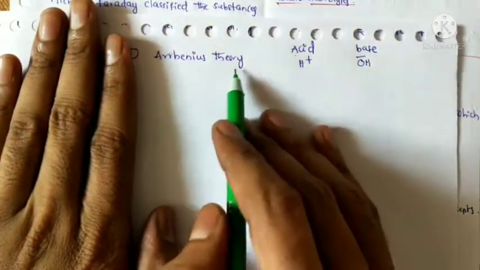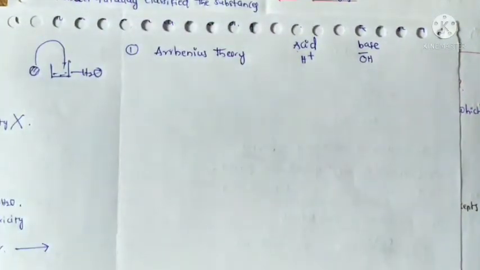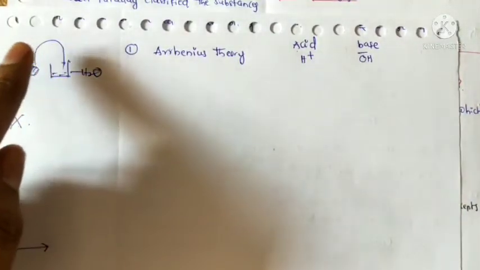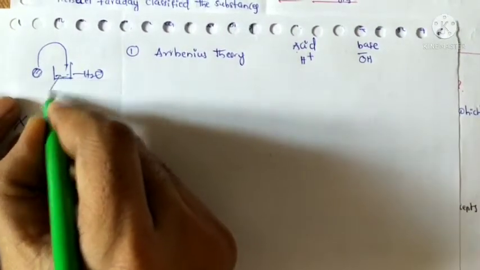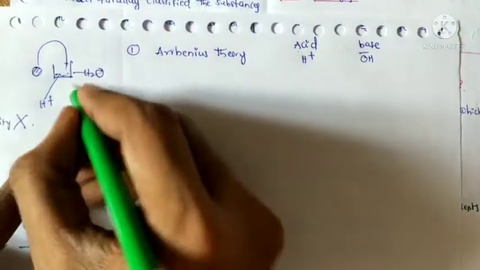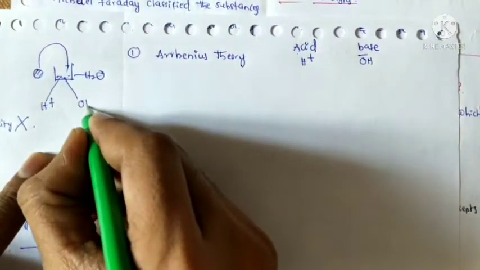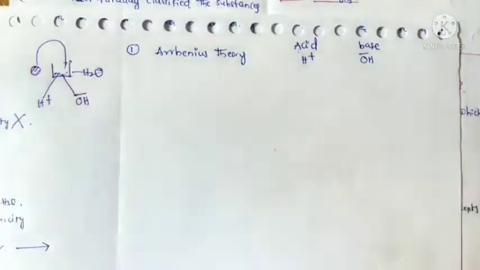So according to the Arrhenius concept, we can easily identify acids and bases: a substance that, when dissolved in water, produces H plus ions is called an acid, and one that produces OH minus ions is called a base.